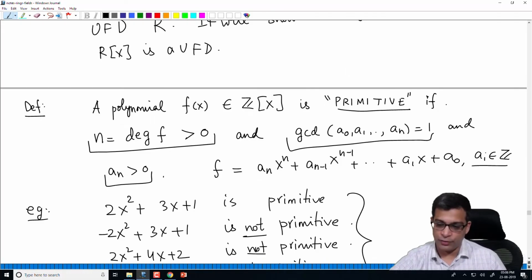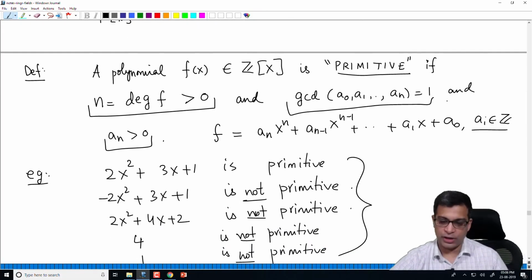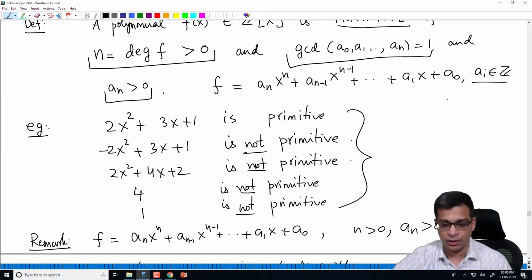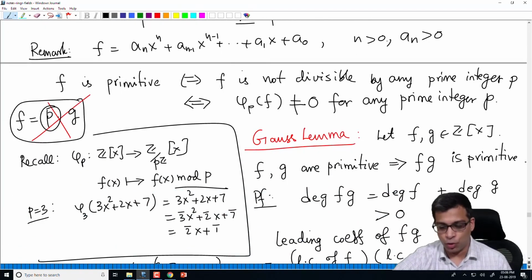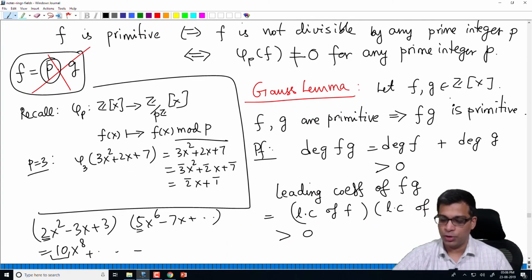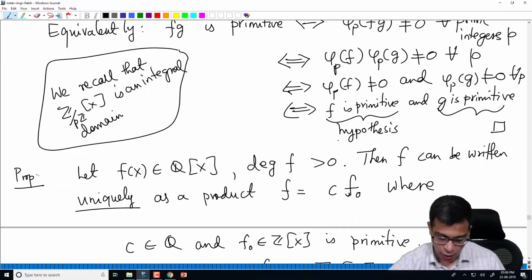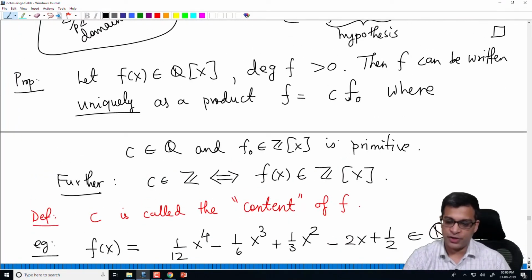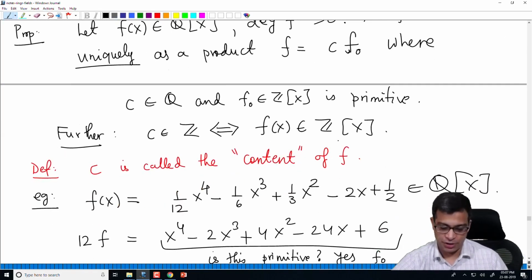In order to do that, we defined primitive polynomials, which are by definition integer polynomials. We proved Gauss's lemma, which says that the product of two primitive polynomials is primitive, and using Gauss's lemma, our important observation is that every rational polynomial can be written as a rational number times a primitive polynomial, and that is a unique expression.